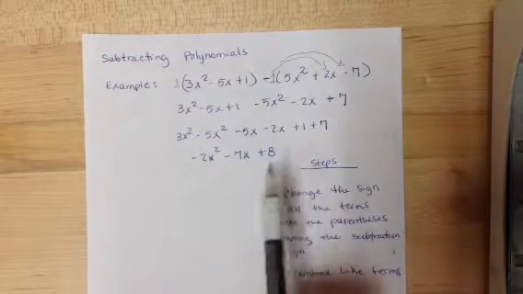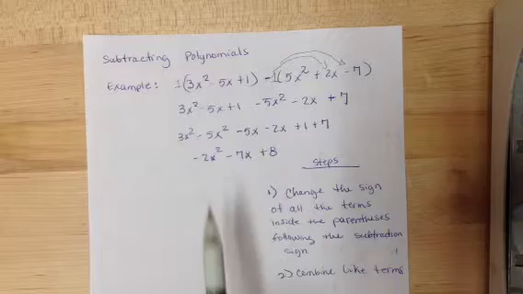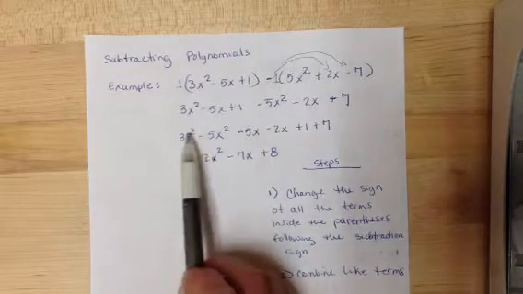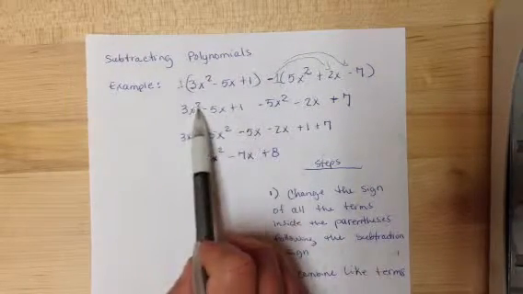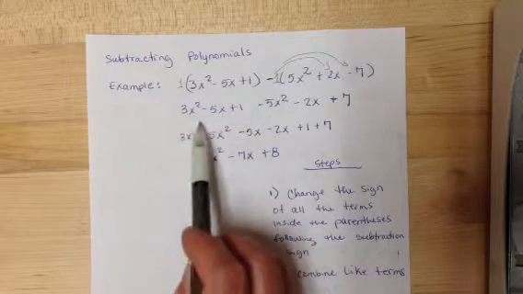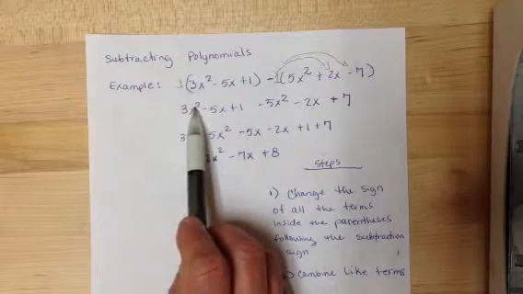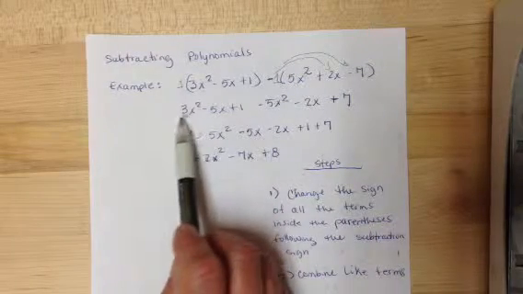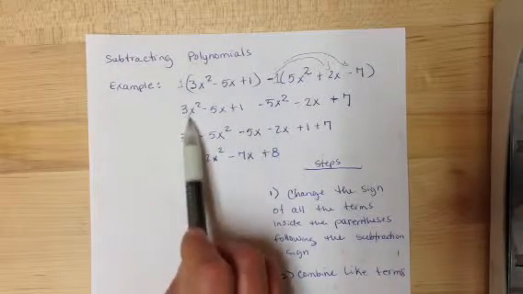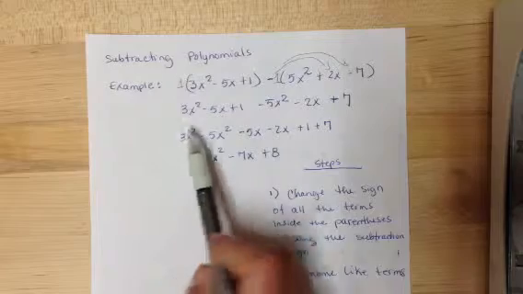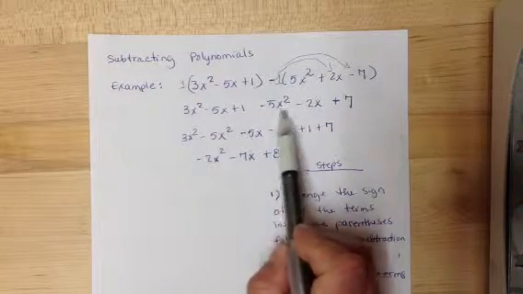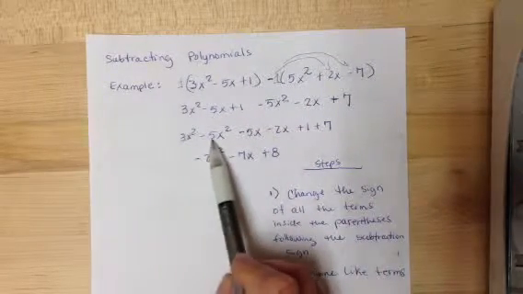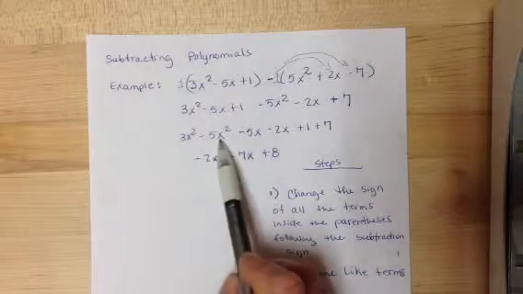Okay, we're going to combine the like terms. The like terms are going to be the variables that have the same exponent. In this case, which ones have the same exponent? The x squared with this x squared. The coefficient of this is the 3. So we're going to have 3x squared, minus the 5x squared. Negative 5 is the coefficient of this x squared term.